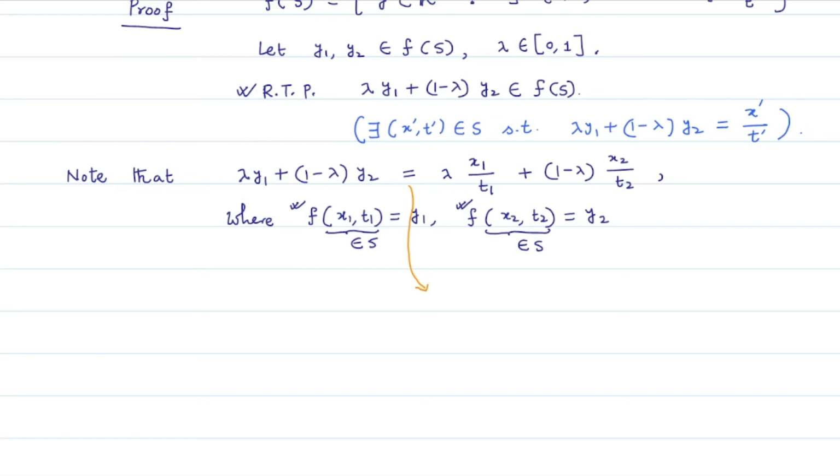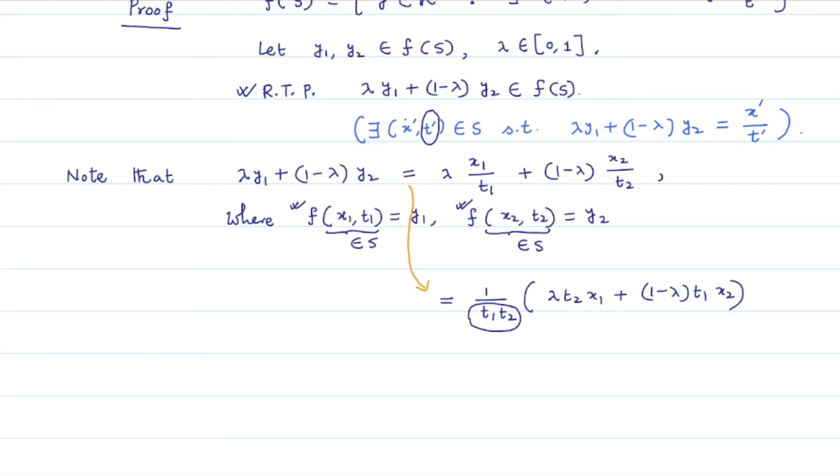Now a simplification of this expression is given by 1 over t1 t2 times [lambda t2 into x1 plus (1 minus lambda) t1 into x2]. Now here, as t1 and t2 both are positive, this t1 t2 is positive certainly. So we can think of this t' over here, which we are searching for, can be taken as t1 into t2.